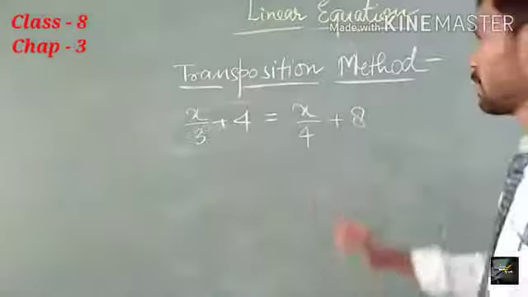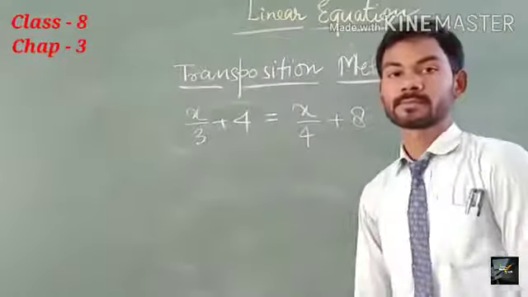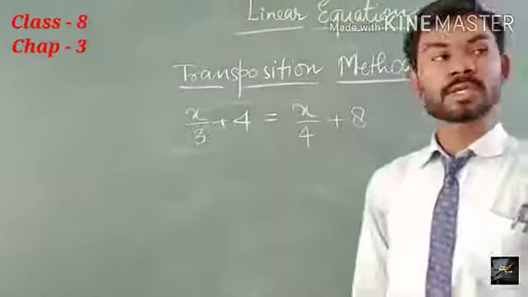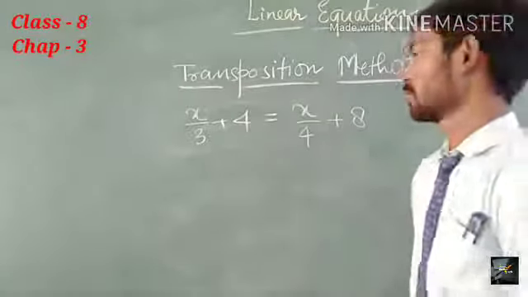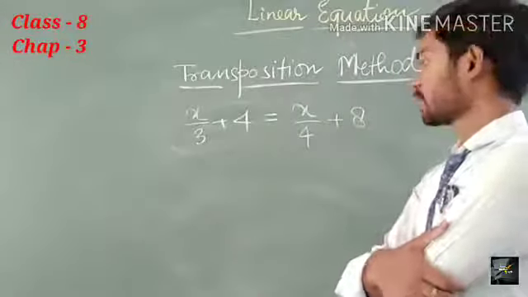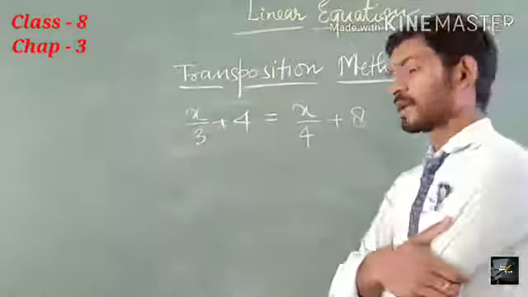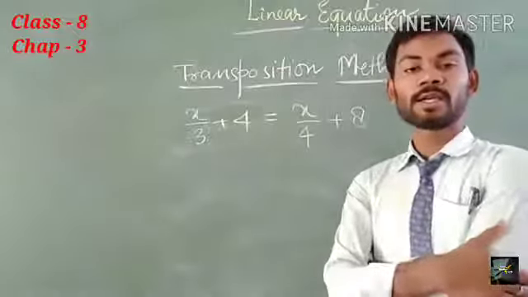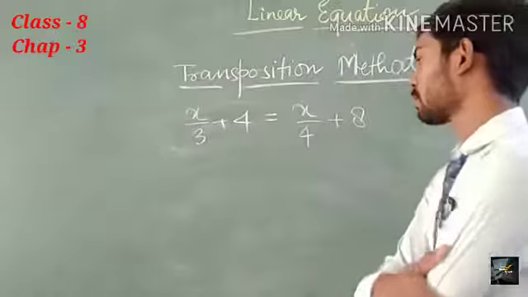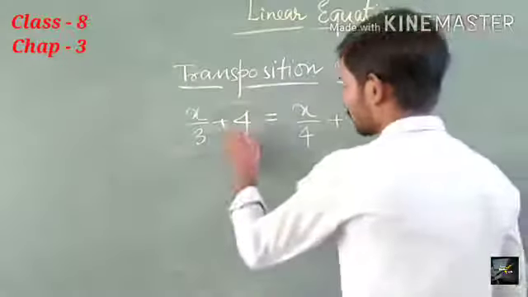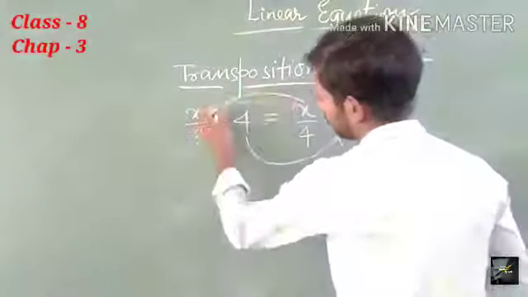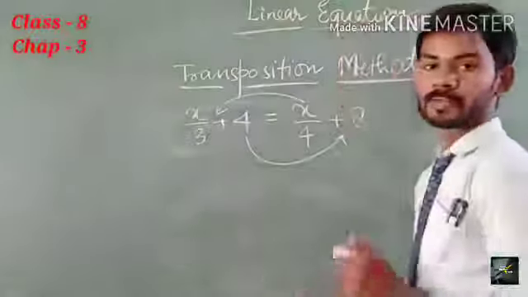This is the given linear equation and we have to find its solution using the transposition method. So first of all we shall transpose the variable quantity to the left side and the constant quantity to the right side. Therefore, here we transfer 4 to the right side and x upon 4 to the left side.